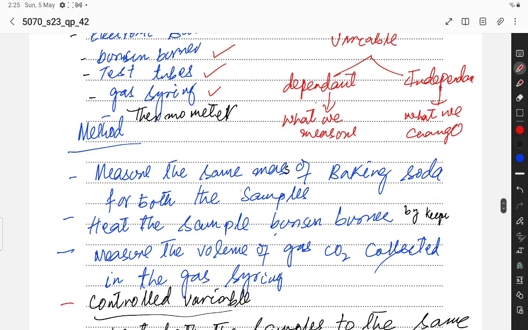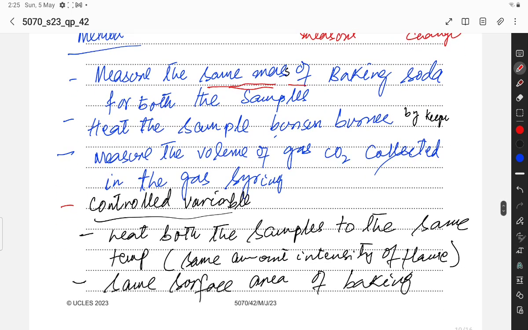For the method, measure the same mass. These are the controlled variables: the same mass of baking soda for both samples. Heat the sample using a Bunsen burner, keeping the temperature constant. Measure the volume of carbon dioxide gas collected in the gas syringe.